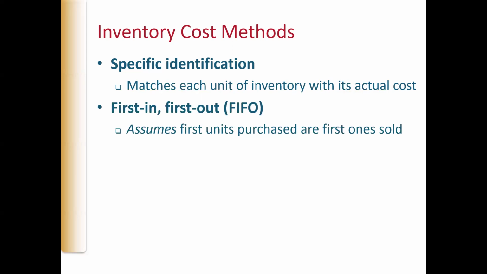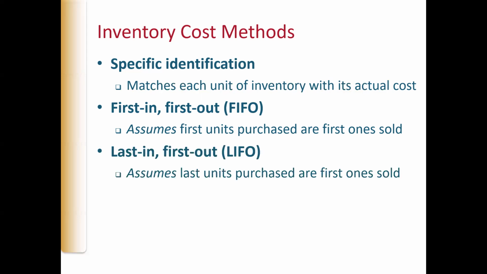Another type of method is FIFO, first in and first out. Now that assumes the first items that have been purchased are going to be the first items that get sold. Usually that is physically how it happens, but just because it physically happens that way, you're allowed different ways in which to account for the cost. Last in, first out, we call LIFO.